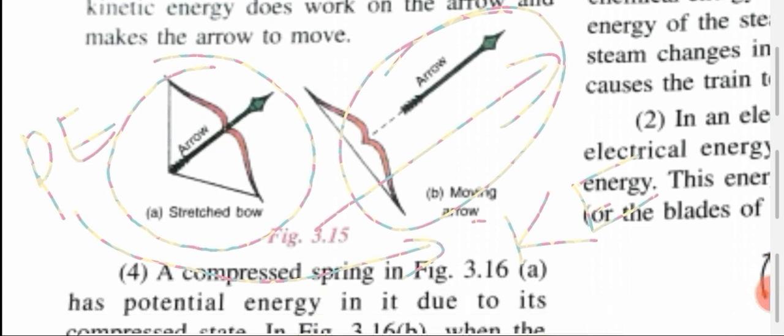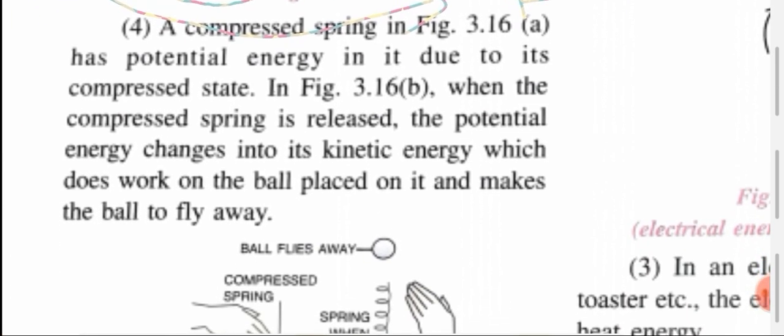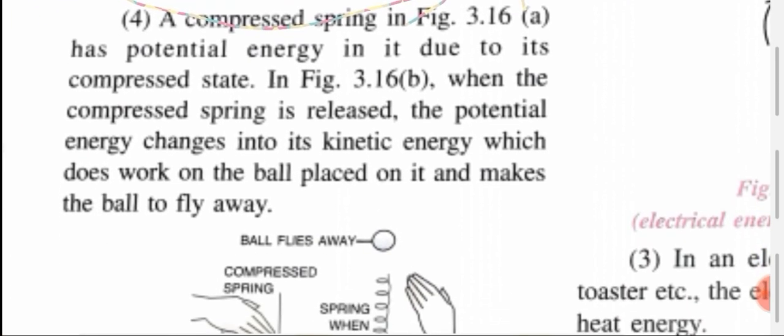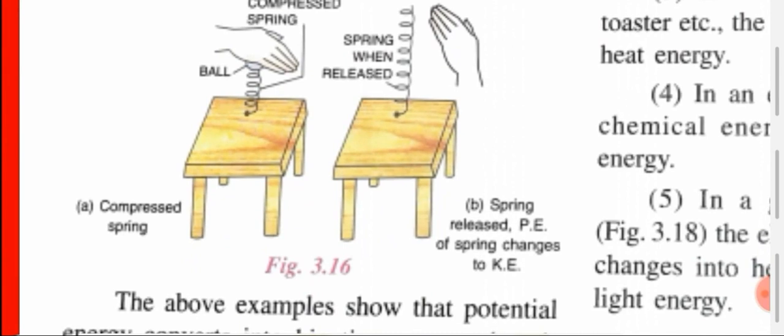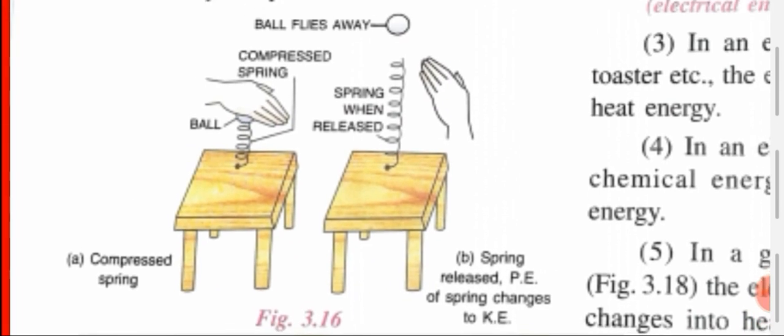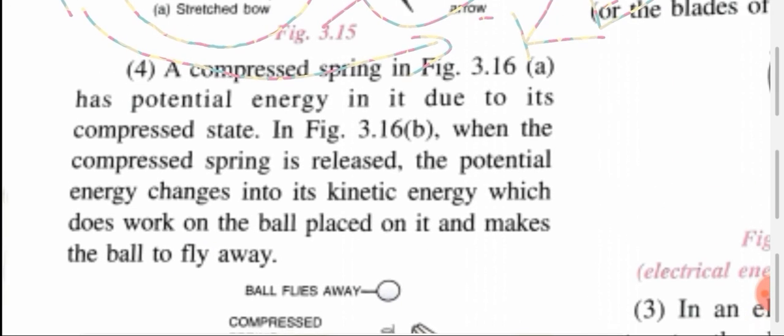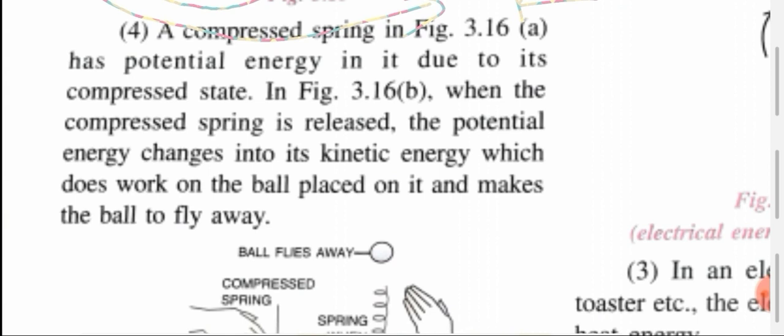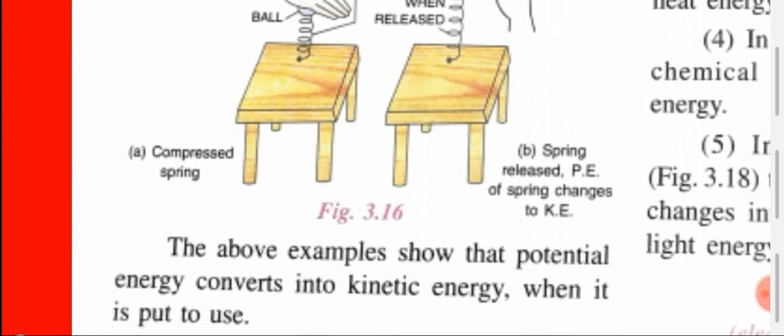Okay, students. Now another example, a compressed spring. In figure 3.16, please observe. A compressed spring, in the first diagram, has potential energy in it due to its compressed state.